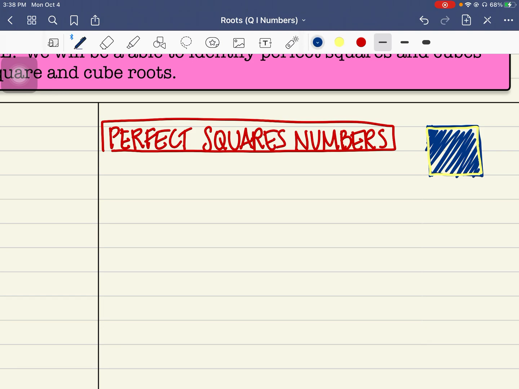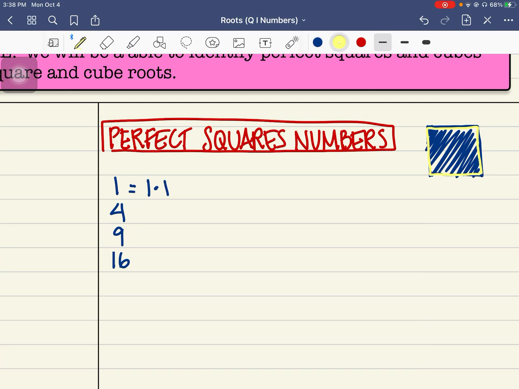So 1 is a perfect square, and the next perfect square is 4, and the next is 9, and the next after that is 16. Those are all in order, and where these numbers come from is they actually make a square because the sides are the same.